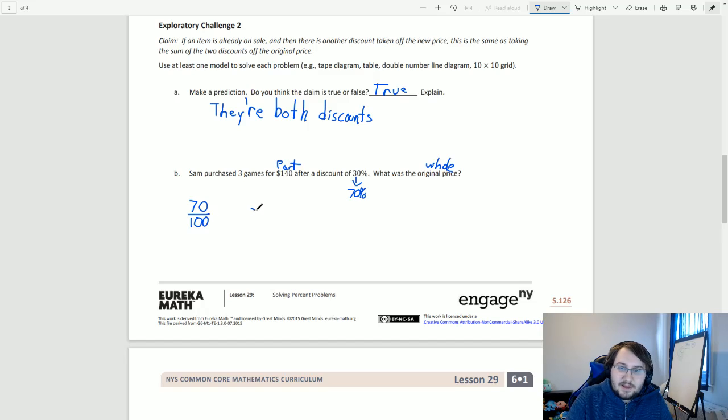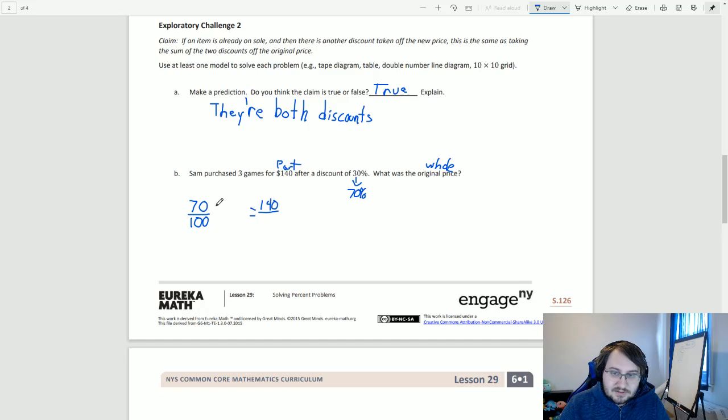And I need to find something with a denominator. We don't know the denominator. We have a numerator of 140. We need to find that denominator. Good news, though. Getting from 70 to 140, that's super easy.